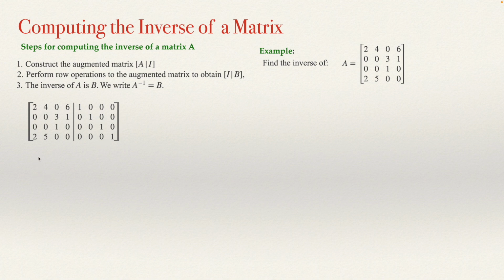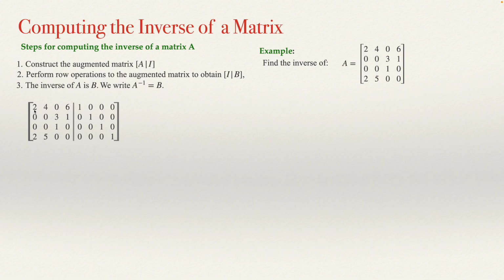I'm thinking of transforming the first matrix into the identity, making row operations in such a way that this matrix transforms into the identity. The first thing that I notice is that the identity has a number 1 here. So it will be a good idea in this case to divide the first row by 2.